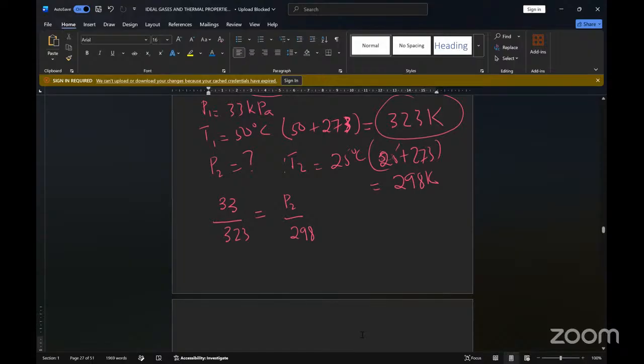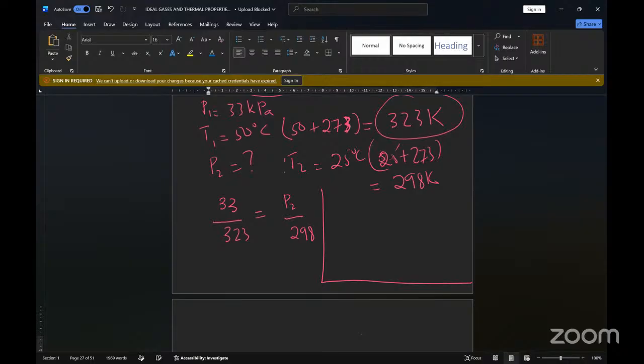So mathematically, you can simply say that we can make this one the subject through cross multiplication. I have always emphasized this whole concept of cross multiplication. You can't do science without learning this. I have explained it before.